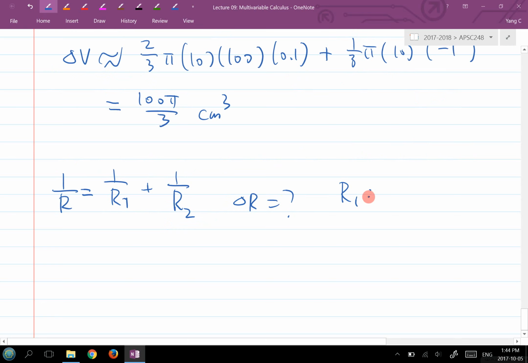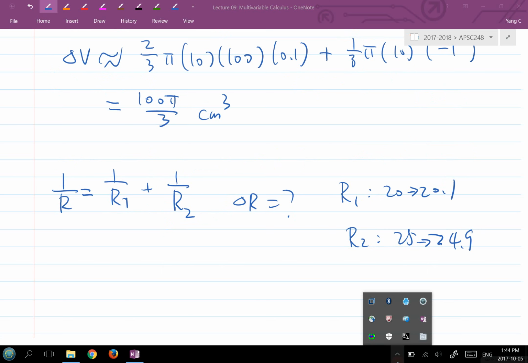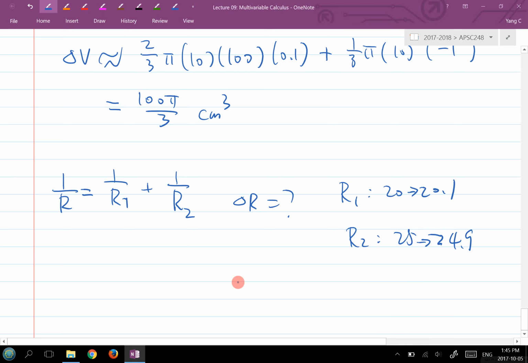So R1 changes from 20 to 20.1, and R2 changes from 25 to 24.9. So when you have a change in R1 and R2, what will be the approximate change in the resistance R here? That's the last question there. So that's a very direct application of the total differential concept.